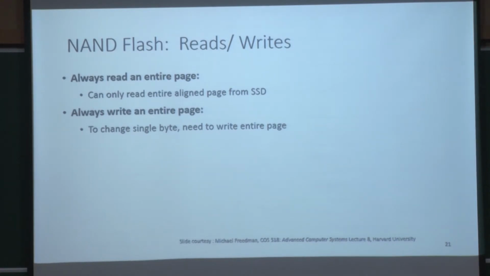If I flip 2 bits in a 4 kilobyte page, I read that entire page from where it was, flip those 2 bits, and then write it to a new location, and I mark that earlier page as invalid. So to change a single byte or even a single bit, you read the entire page, change it, and write it somewhere else.